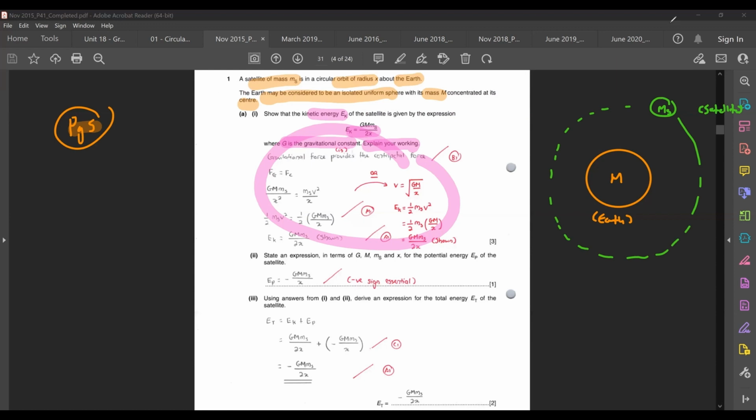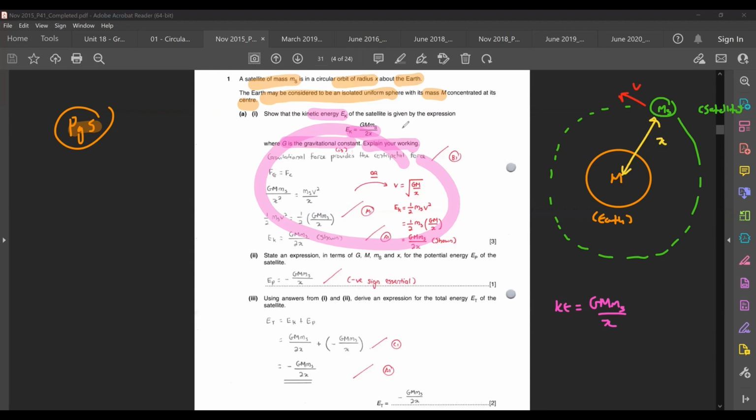As your satellite is moving, you have a certain linear speed v, and that linear speed v is what causes you to have your kinetic energy. Your kinetic energy was already found here in part 1 as KE equals GMms over x. So you consider the x as the separation between the masses.